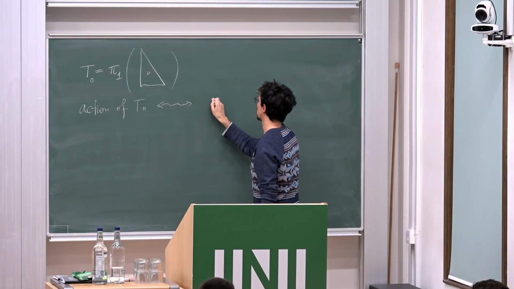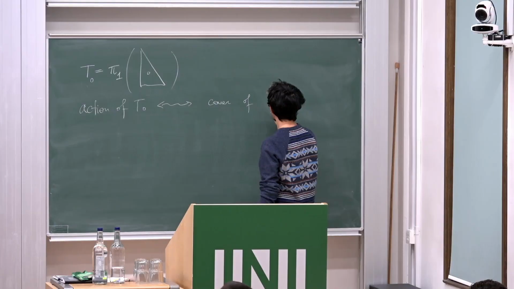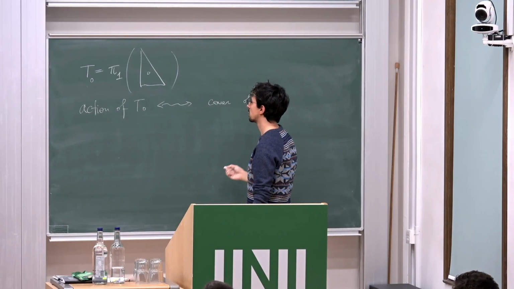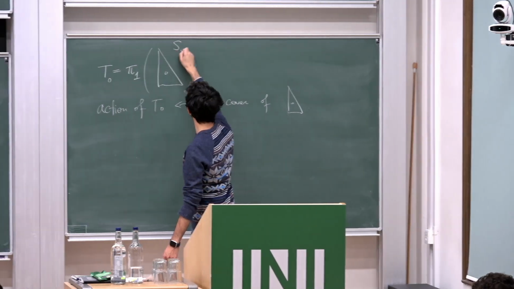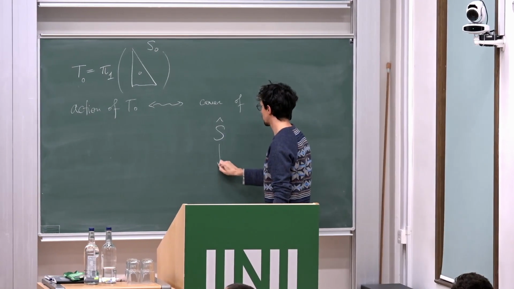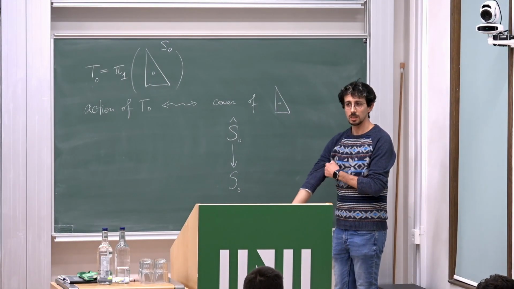So an orbifold cover. Okay, so let's maybe give it a name, and say this is S0, and the cover will be S hat 0.